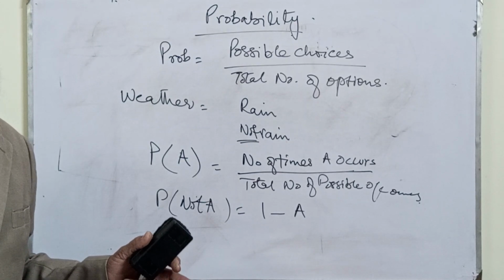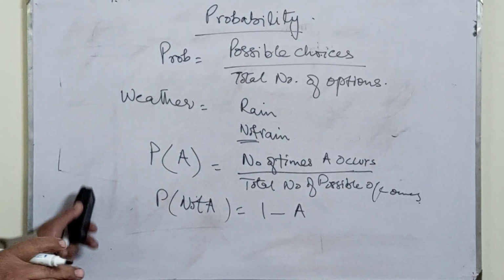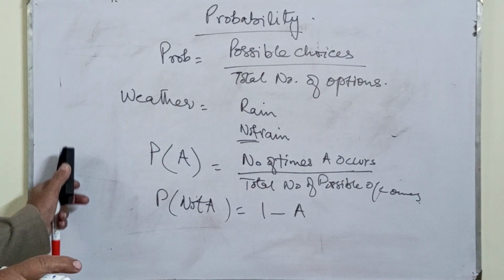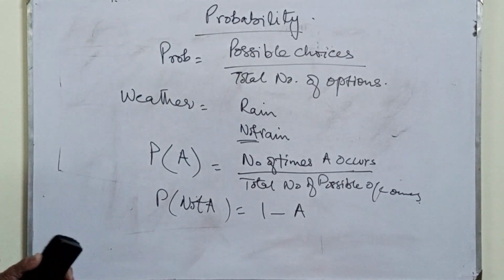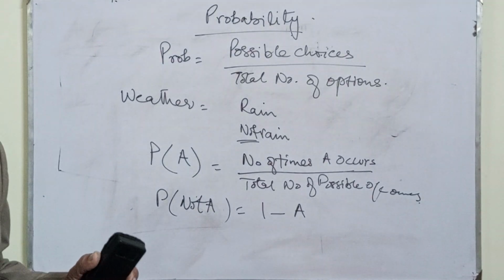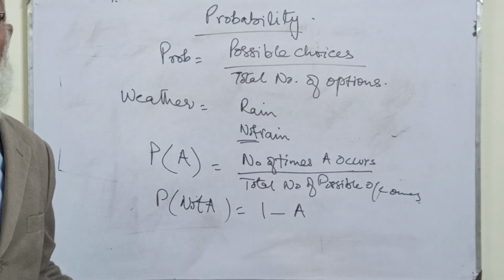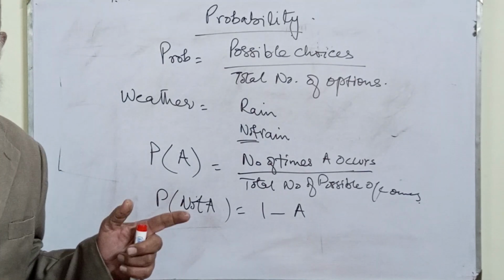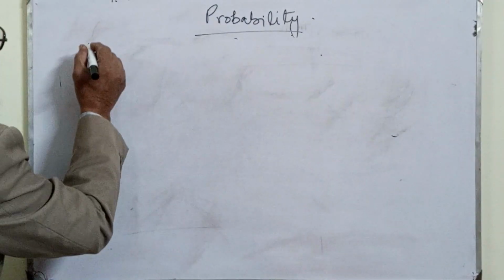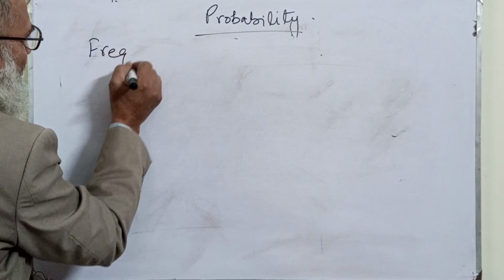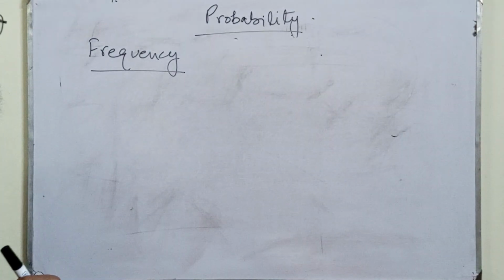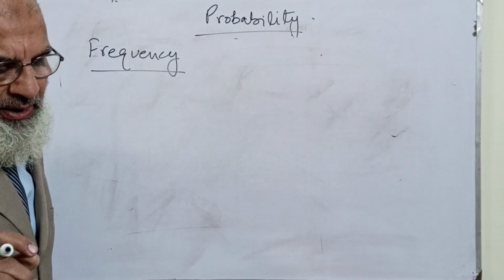I have already written frequency over here, but up till then I didn't tell you about it. Then we'll learn relative frequency. After frequency, I'll tell you what relative frequency is.